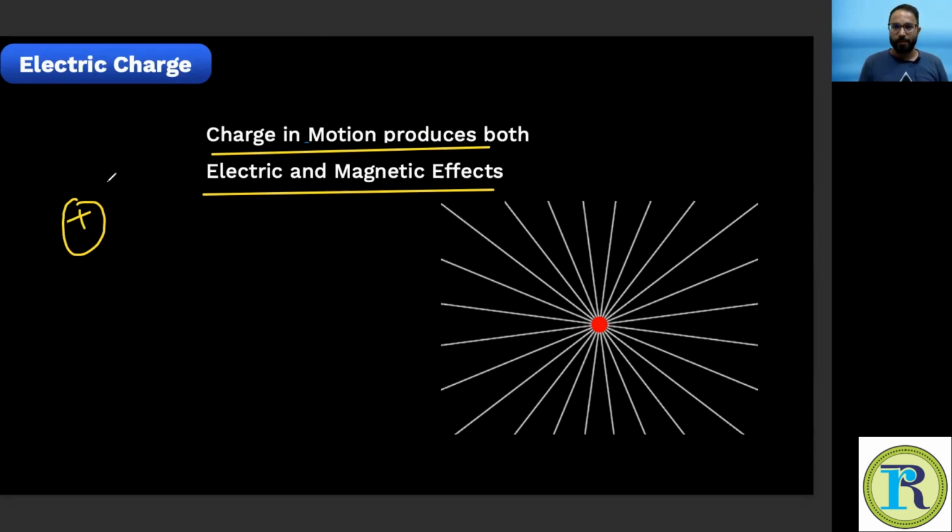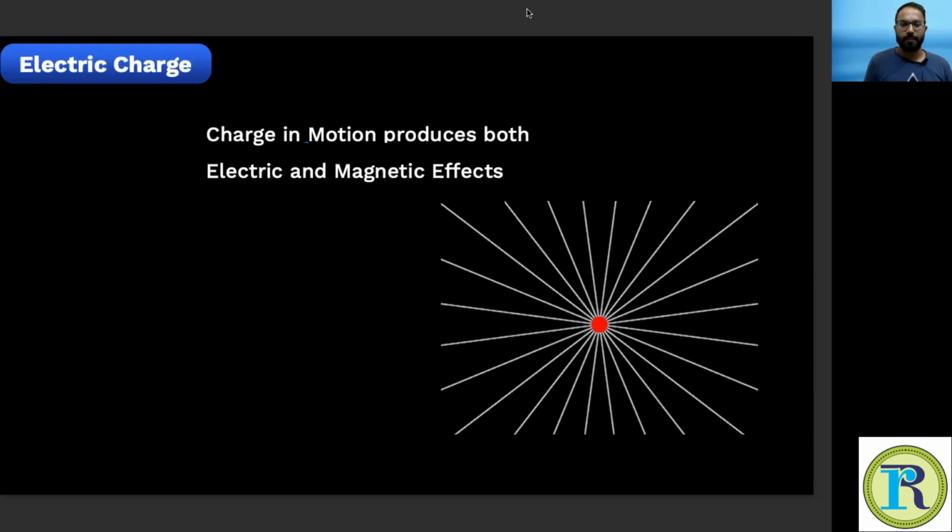Don't confuse your mind by considering a negative charge one time and a positive charge another time. Every time you have to assume a charge, just assume a positive charge. Now, if a positive charge is at rest, because of this positive charge there is an electric field around it. I have already shown you like this.